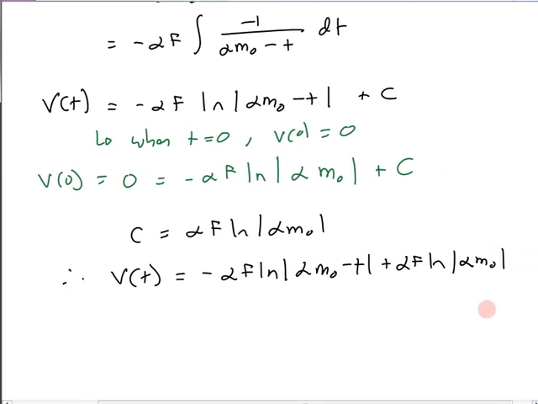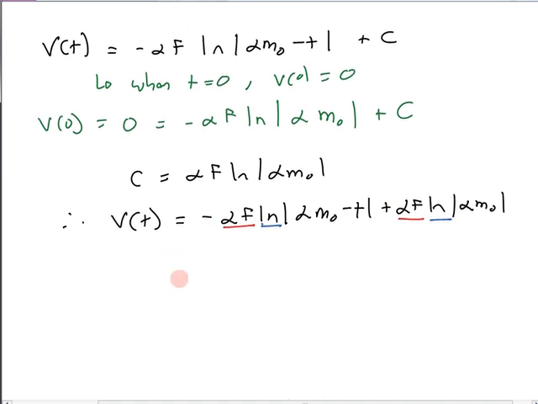Okay, that looks kind of ugly, but we can take advantage of some factorization. Both terms have alpha f in them, and both terms have natural logs. In fact, they have natural logs as a subtraction. So we can first simplify this as alpha f times the natural log of alpha m naught, so that's this term over here, take away the natural log of alpha m naught take t.